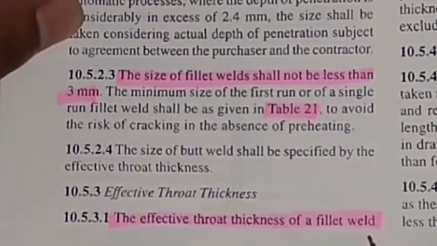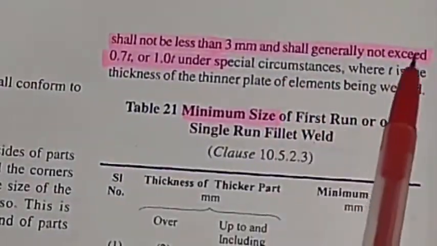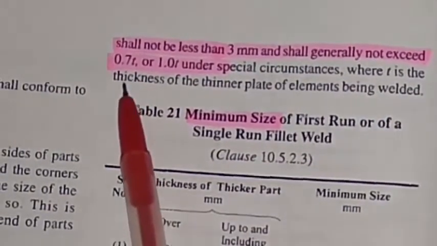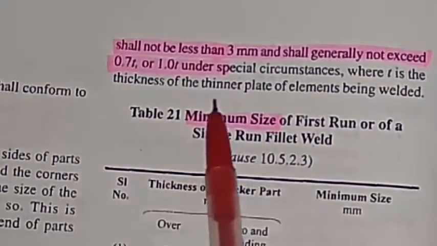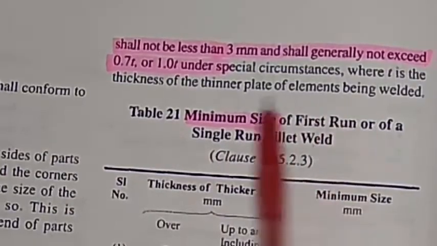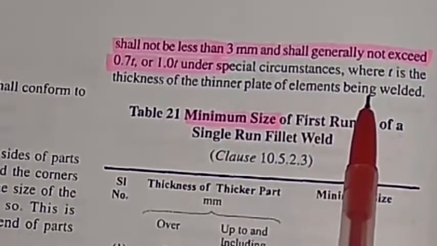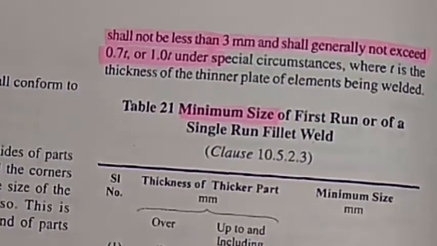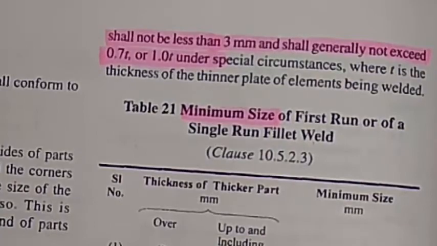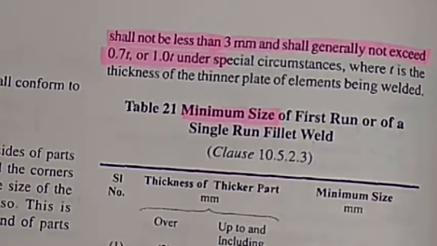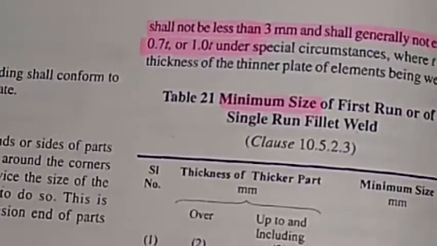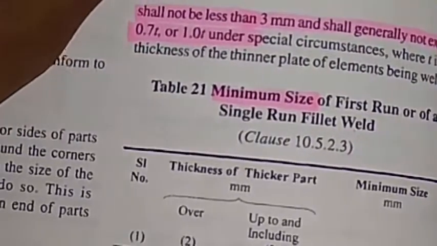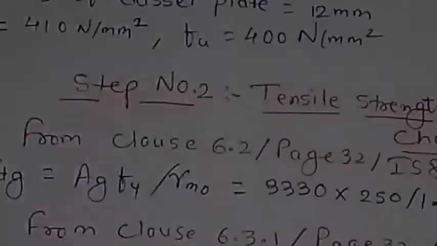The effective throat thickness of fillet weld shall not be less than 3 mm and shall generally not exceed 0.7 T, where T is the thickness of the thinner plate of the element being welded. Right, and this is how we need to calculate the minimum size of the weld and throat thickness.